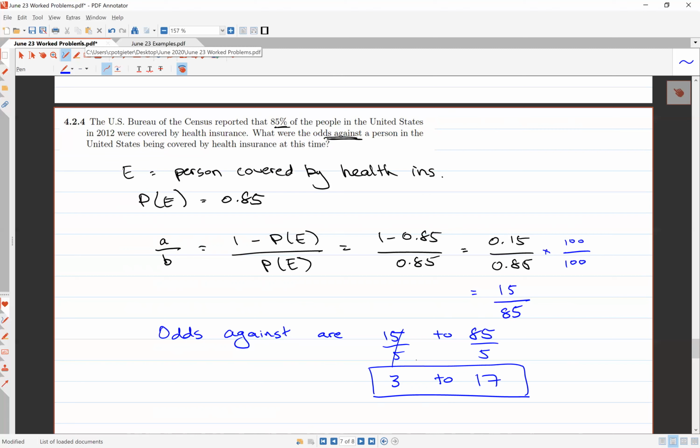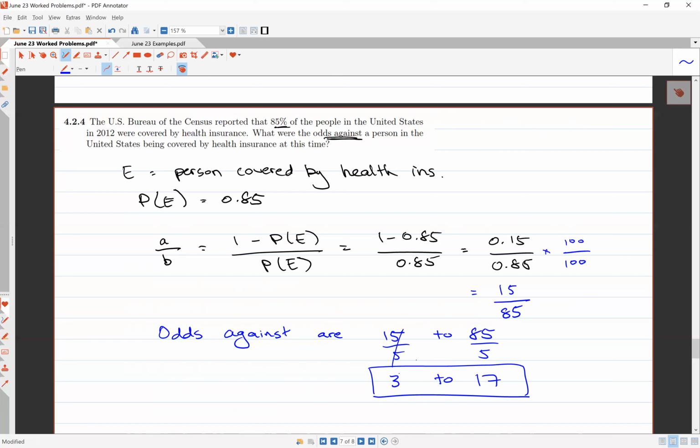One way to think about interpreting odds, this may be a useful way to think about it. This says, if you randomly select people in the US and you ask them whether they are covered by health insurance, we're looking at odds against.